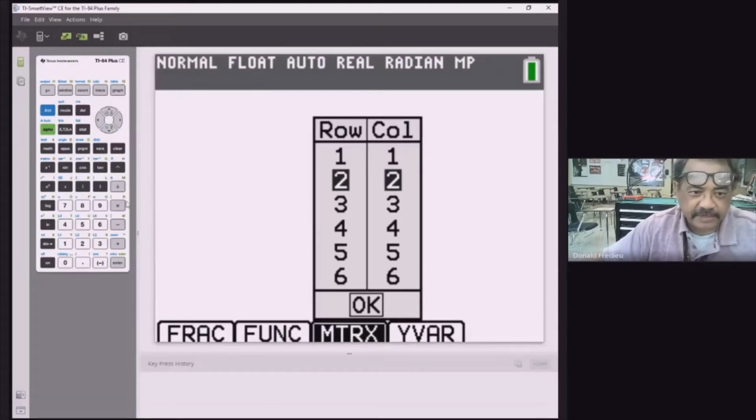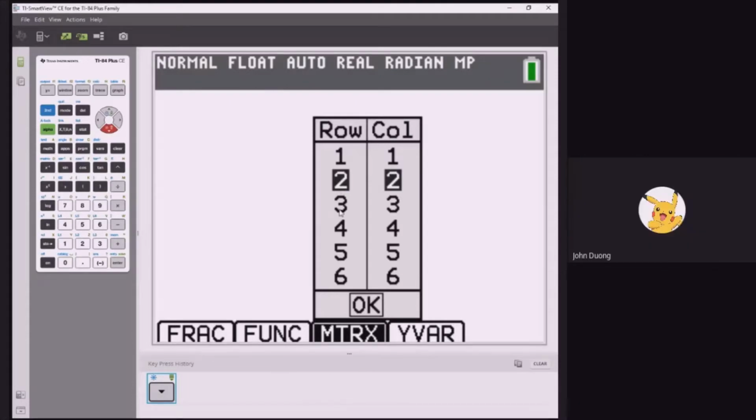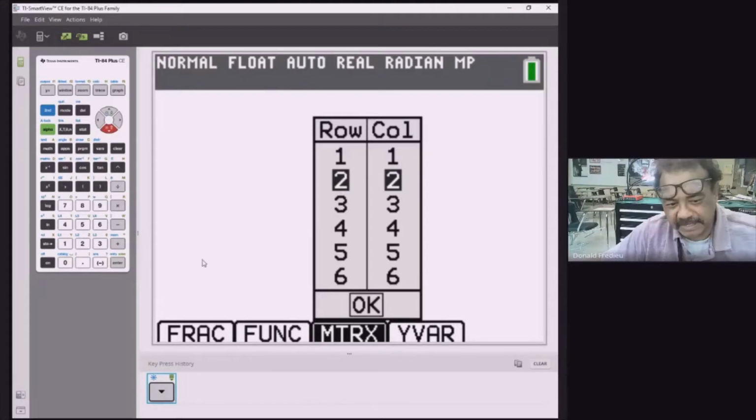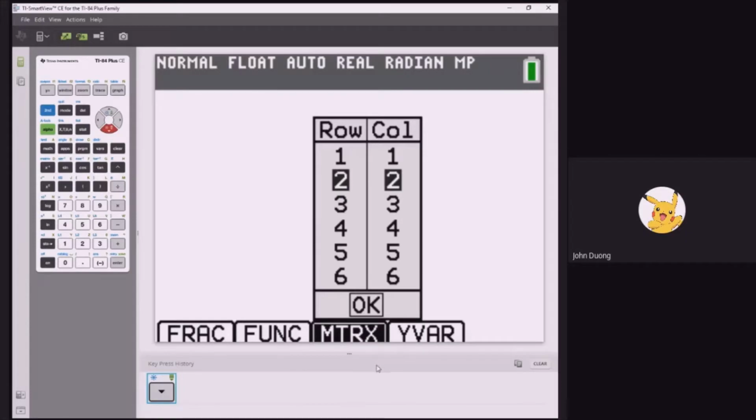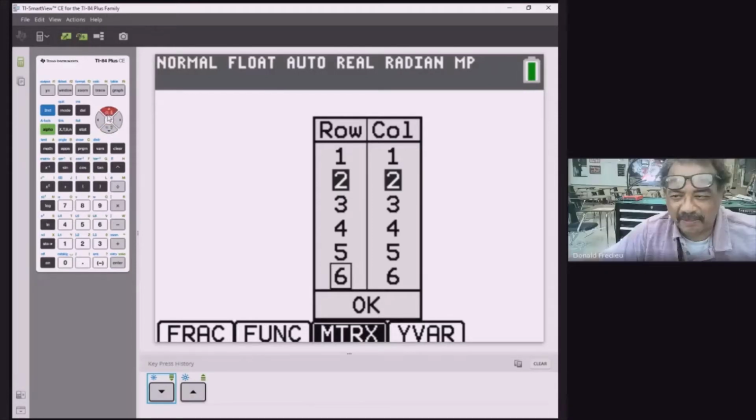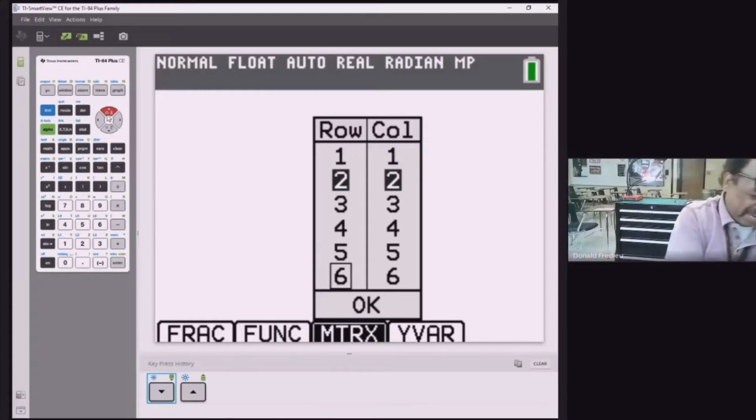Okay, I've got the matrix. Should be able to move down. You have to move up. What was that again? You have to go up because it starts at OK. The up key? Yes. You think so? Yeah, and then keep going up. Wow. Who said that? John? Yes. Well, John, you just got an extra point, young man.